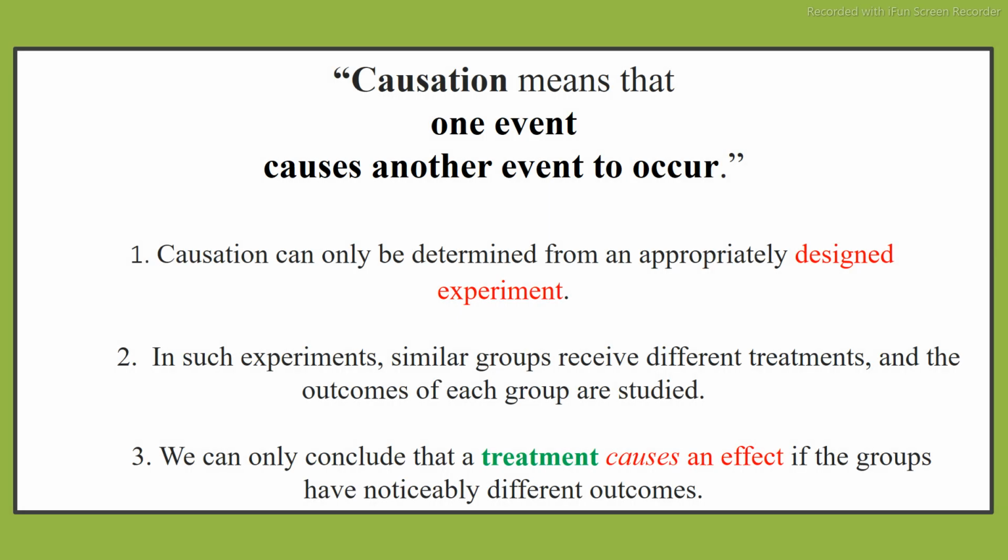Now coming to the causation part. Causation means that one event causes another event to occur. If you have two variables, the intervention of one variable is causing the other.